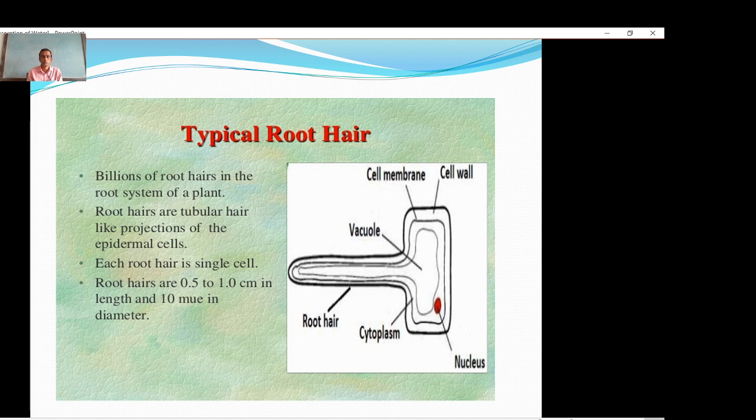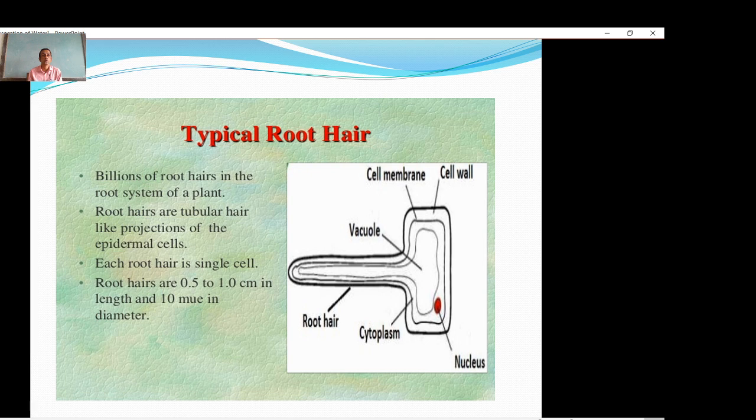We see in detail a typical root hair. This is the structure of the root hair. On the outer side is the cell wall, then the cell membrane, vacuole, and the cytoplasm having a nucleus. Generally the root hair is a single cell. We see the points one by one. The root system of a plant has billions of root hairs.